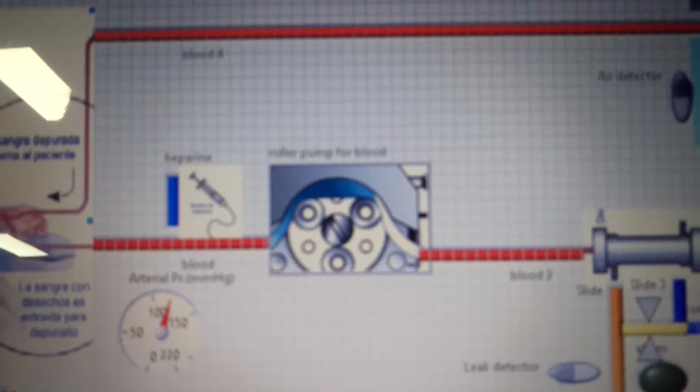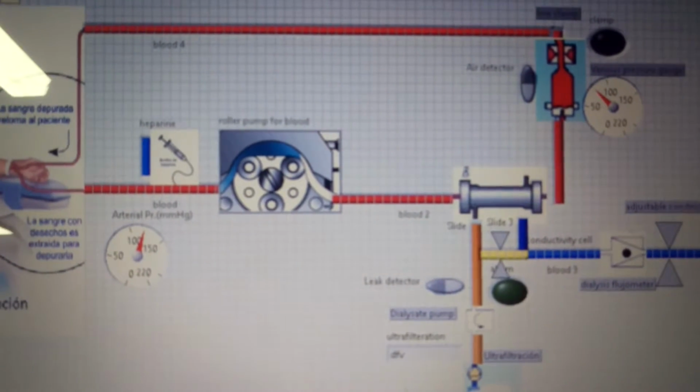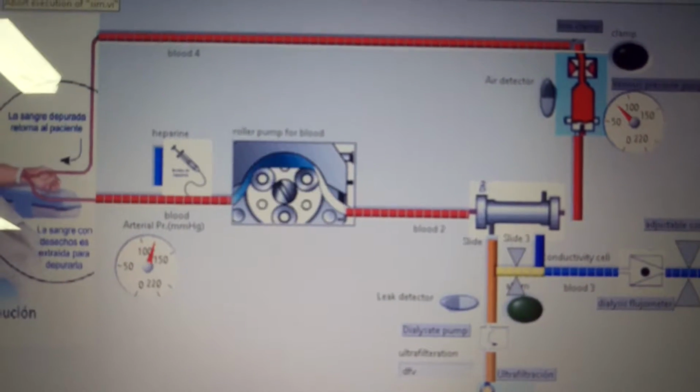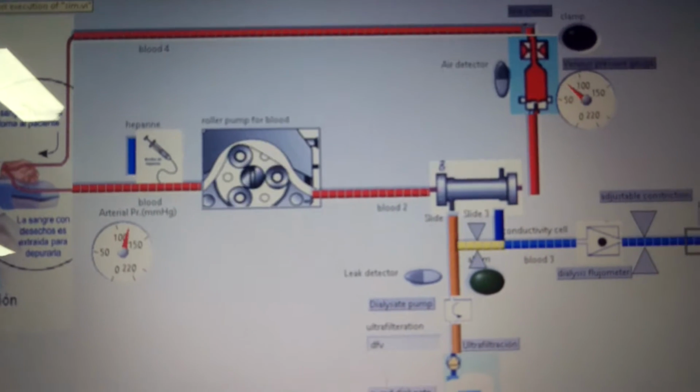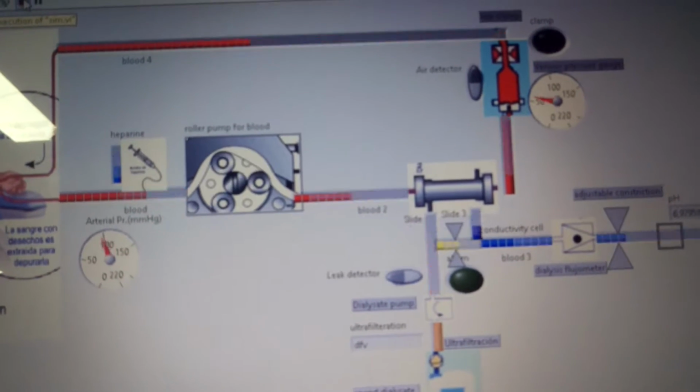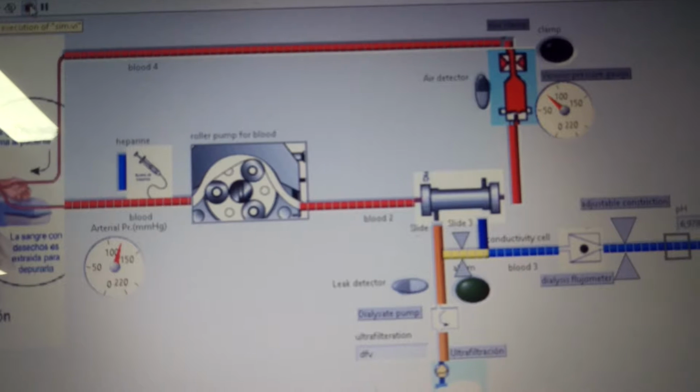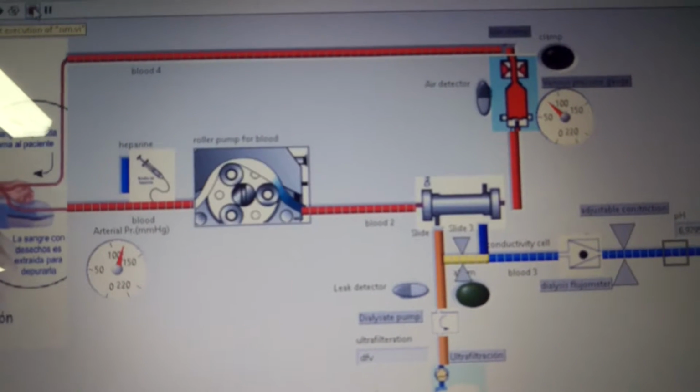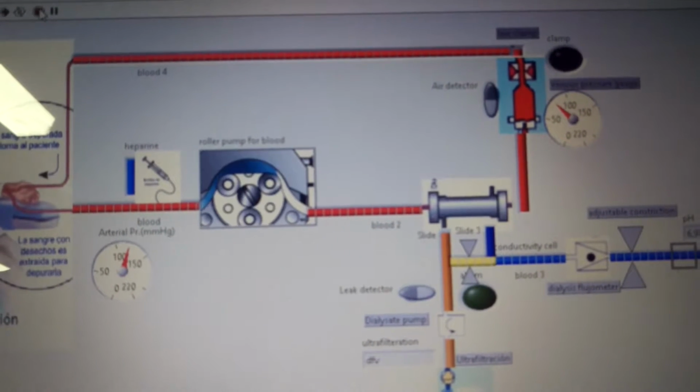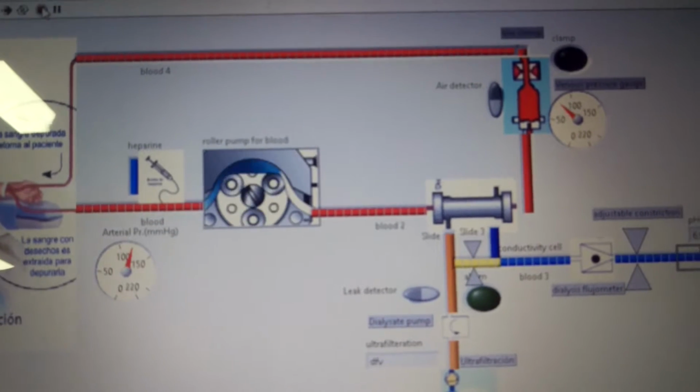We will find an anticoagulant which will allow you not to clot the blood. Also a blood pressure indicator, which is monitored by a sensor, and this is reflected in the monitor of the machine.